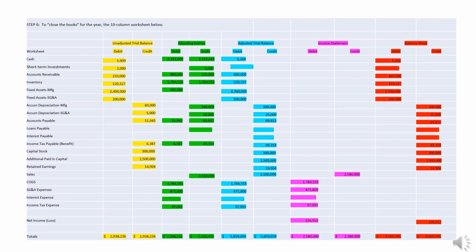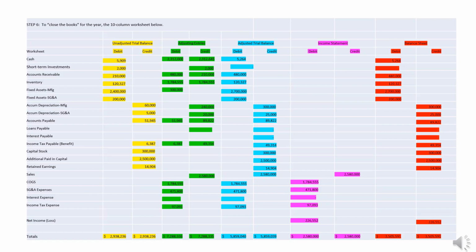And so I have an ending balance of $52.64. This carries over into my balance sheet. All of these figures from the sales account down all carry into the income statement. So again, the income statement is colored purple, the balance sheet is colored red.